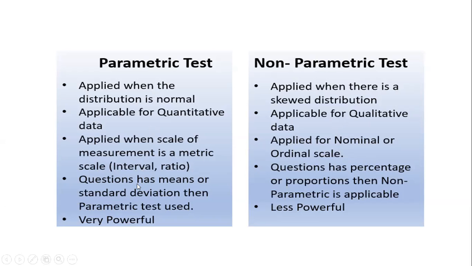Also, parametric tests are very powerful compared to non-parametric tests. I think this is very clear to you. The only thing you need to keep in mind from this slide is that we use a parametric test if your data behave normally, with a normal distribution. In non-parametric, if your data don't behave in a normal way, we go for a non-parametric test.